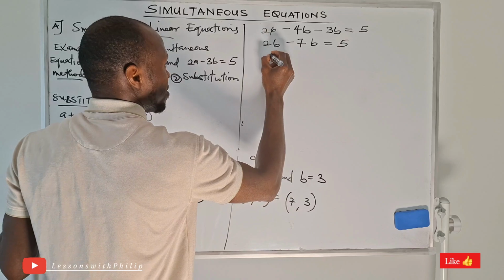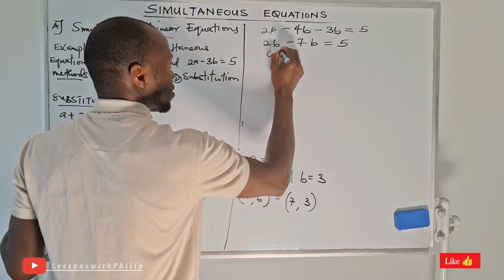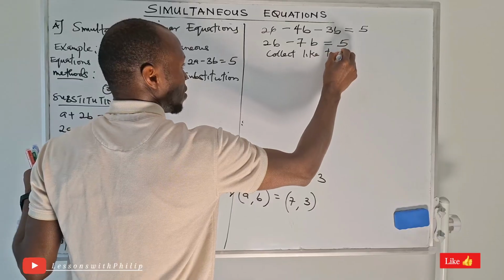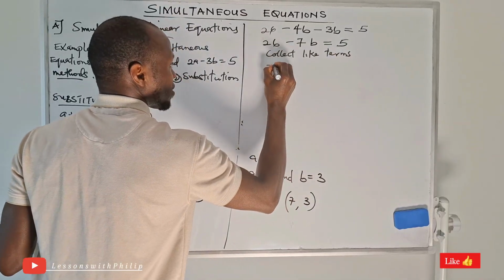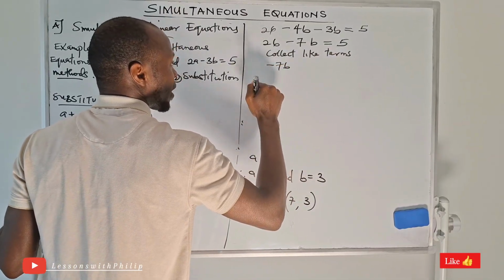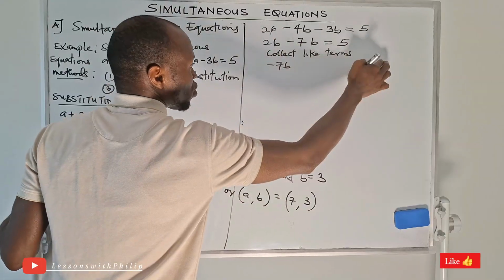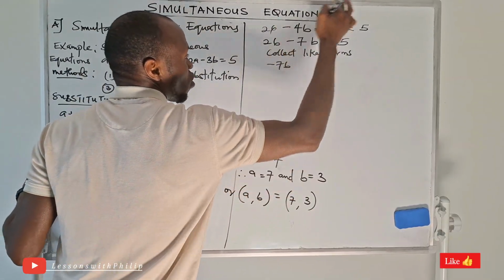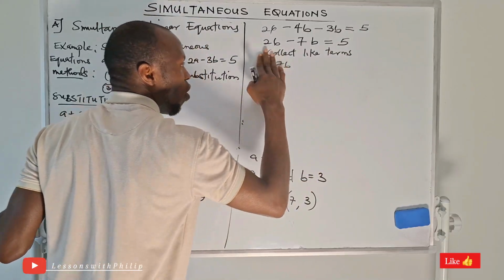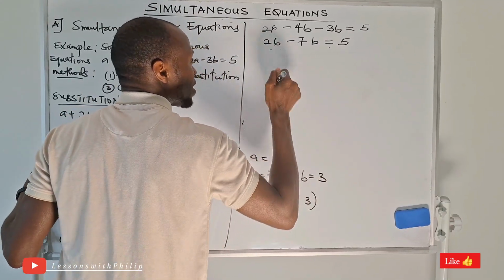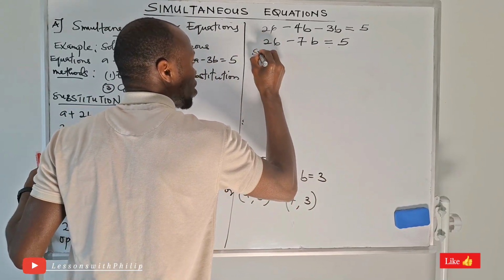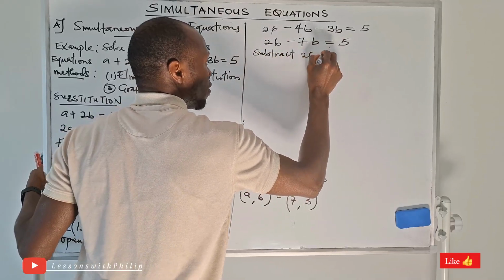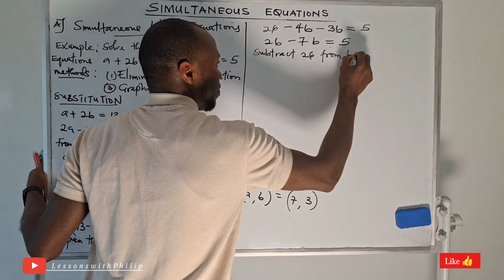If I collect like terms, minus 7b, if your 26 comes to the other side, it becomes minus. Or if I say subtract 26 from both sides.